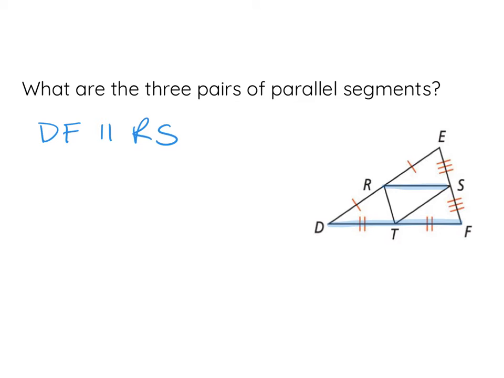Then we could look at DE. That's going to be parallel to TS. So DE parallel to TS. And then the third and last set that we have would be EF and RT.